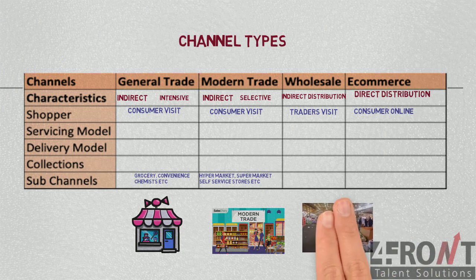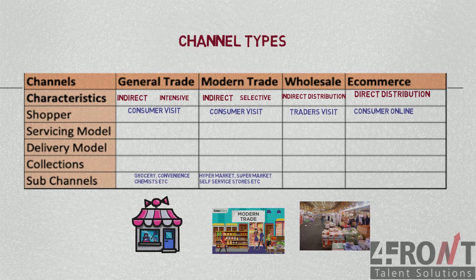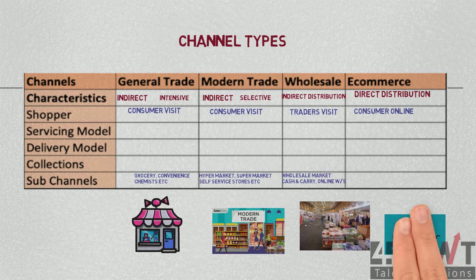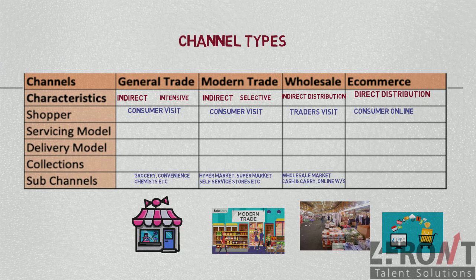Wholesale channel, on the other hand, can be there as a physical store in general trade. It can be in the modern trade business as well, known as cash and carry. Even online wholesale is present. E-commerce does not have any specific sub-channels. It is more category specific.